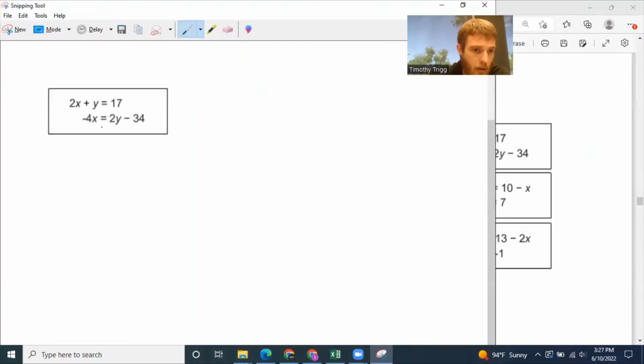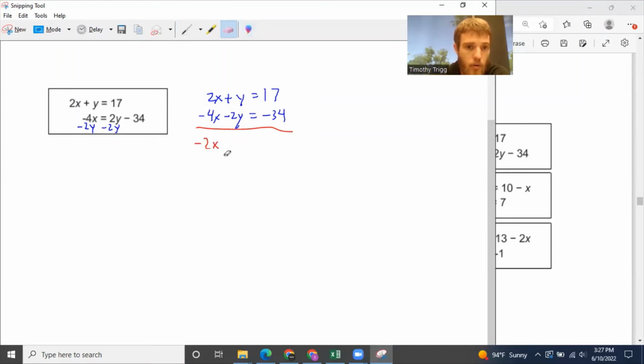So in this case, I'm going to go ahead and subtract 2y on both sides. That way I have my y's, x's, and everything lined up, giving me 2x plus y is the top equation equals 17. The bottom equation, negative 4x minus 2y equals negative 34. In order to use elimination, I'm going to have to multiply this top equation by 2.